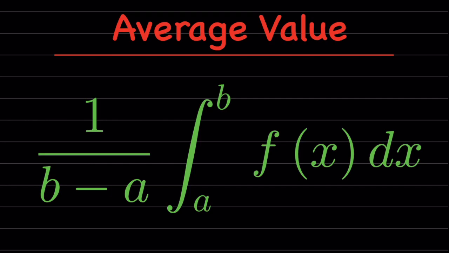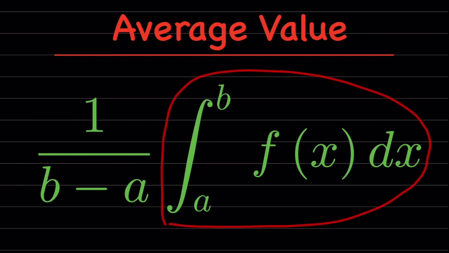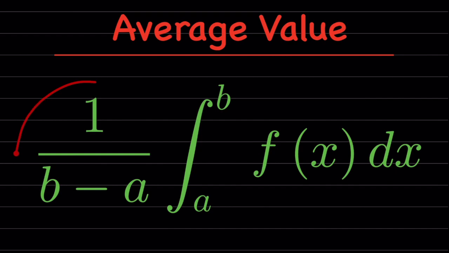In this lecture, I'll be talking about the average values of functions and the mean value theorem of integration. So, given a function f, the average value of this function over an interval [a, b] is defined to be the integral of this function over that interval multiplied by 1 over b minus a.